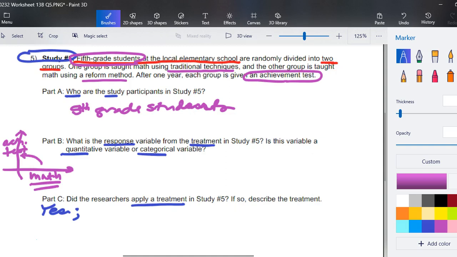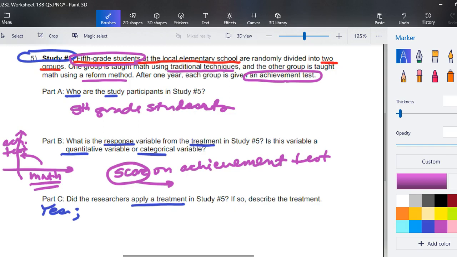So what is the response variable? Well, it's going to actually be the score on the achievement test. And is that going to be categorical or quantitative? And in this case, a score is numerical, so it's going to be quantitative.